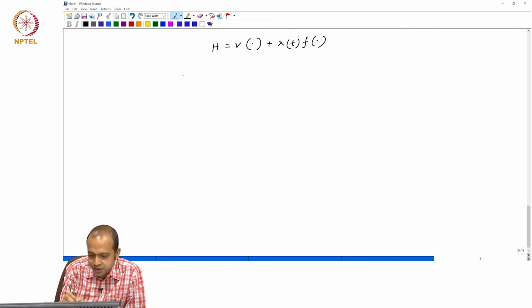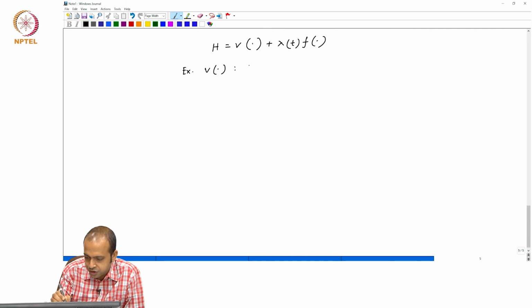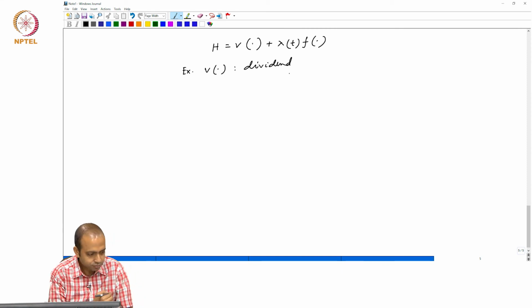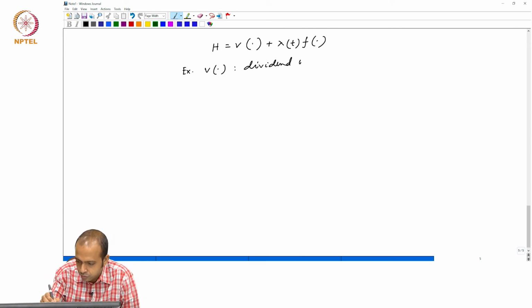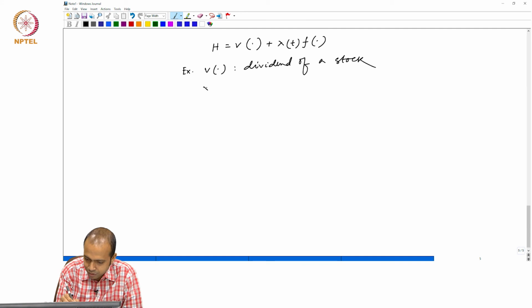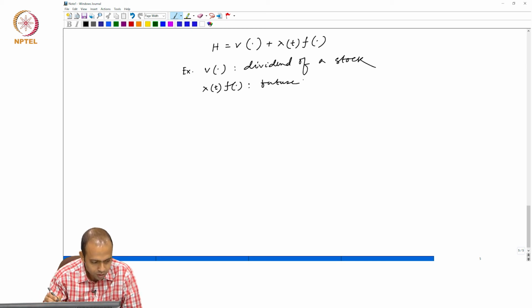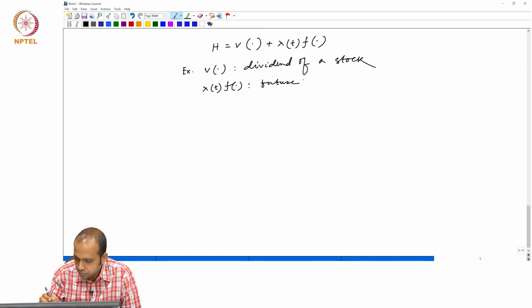As an example, let us say V is the dividend of a stock, and lambda T F dot is basically the future value, the future benefit of the stock.